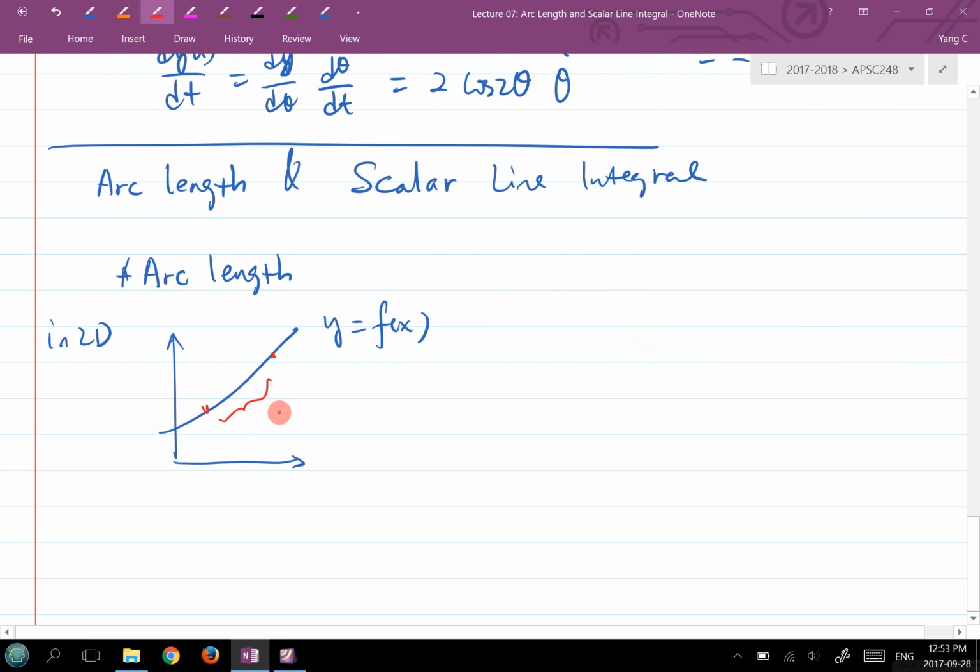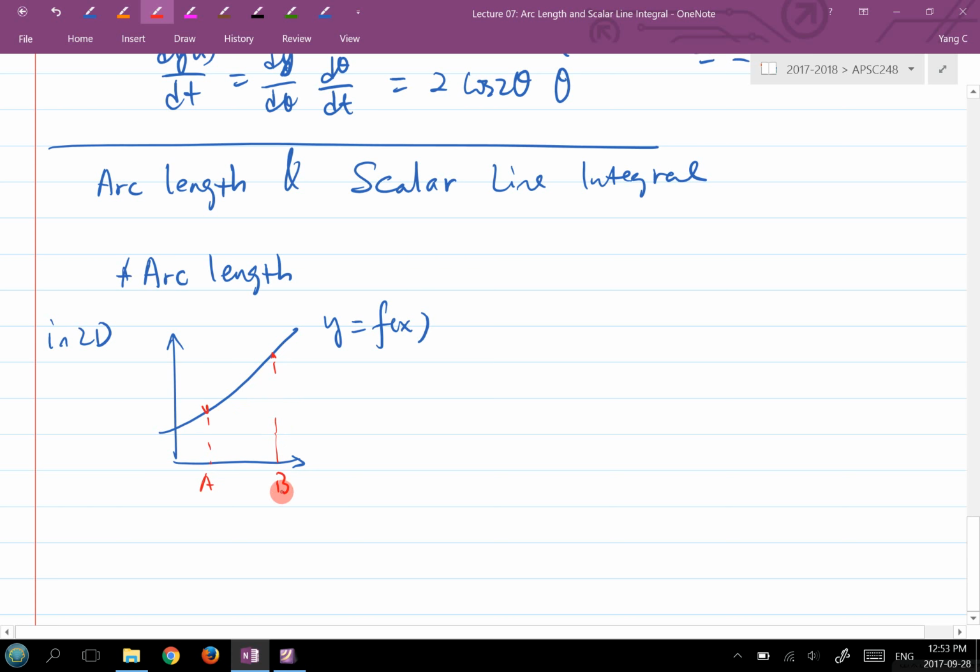Basically, how long is this portion of the curve? That's the concept of arc length. You probably learned this in 173. The typical approach is to start from A and stop at B.